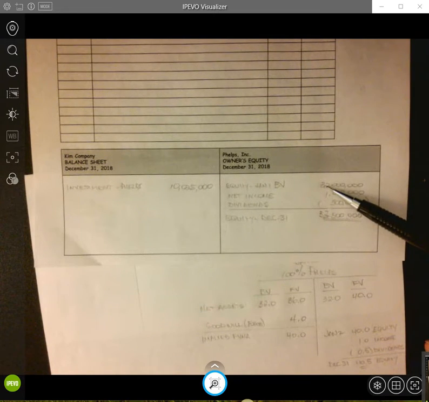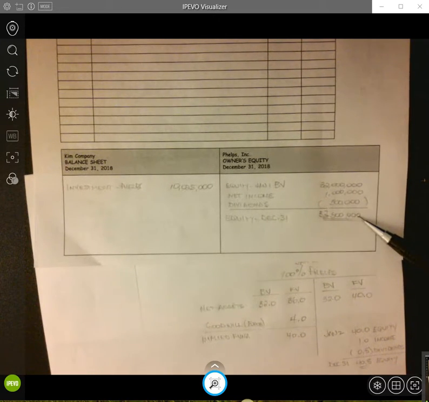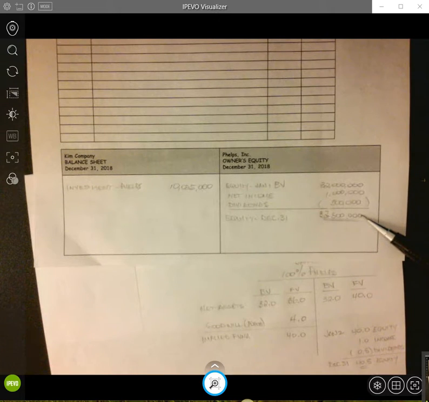So $32 million book value plus $1 million net income less $500,000 in dividends would give $32,500,000 as what the subsidiary would report in its annual report for its owner's equity at December 31, 2018.